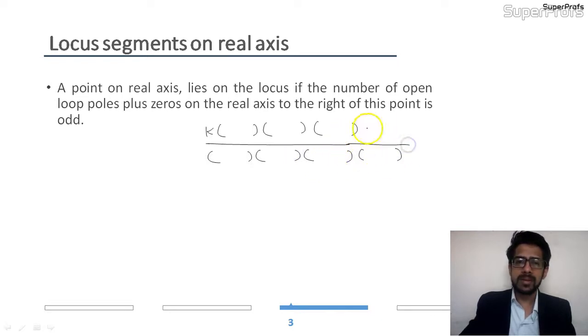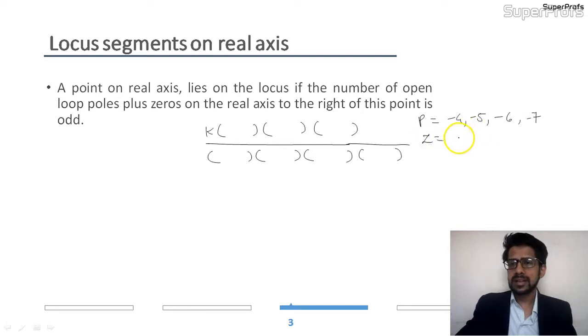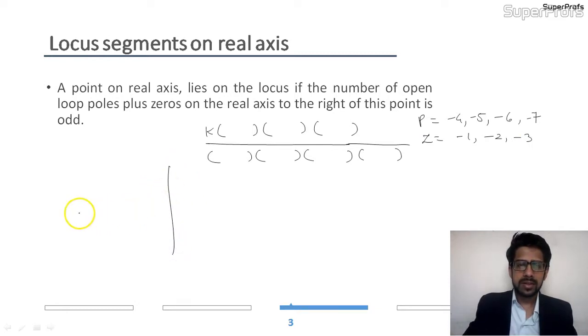If you remember, we had poles at -4, -5, -6 and -7. We had zeros at -1, -2 and -3. Okay, so let us draw poles and zeros again on this particular diagram.